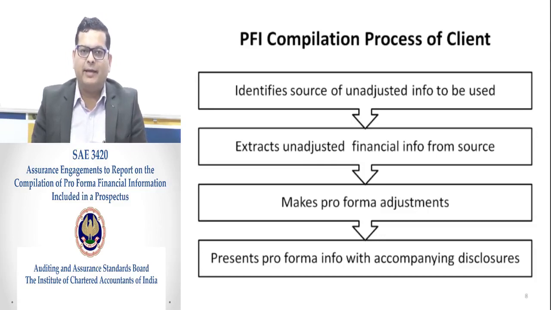Then you will take an extract of that information from the relevant audited or reviewed financial information and put it in the first column. Then you'll reflect the pro forma adjustments in a second column. And third, after giving the pro forma adjustments, you'll reflect the total financial information.